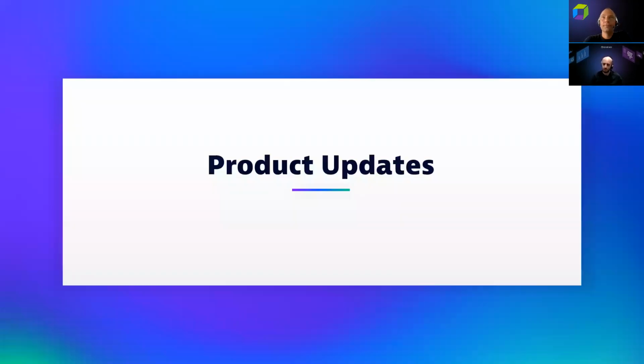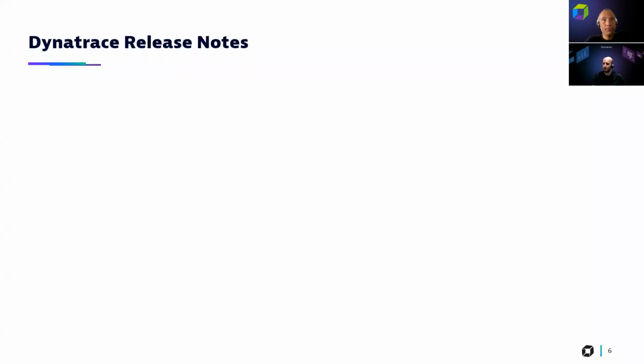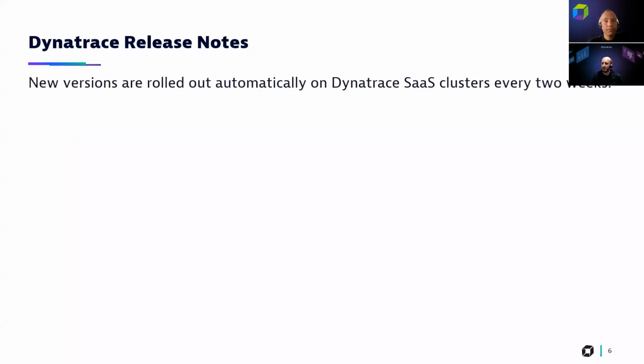And of course, in this clinic, we are going to focus on the product updates, what we have in Dynatrace for the latest 2 versions. As you know, we roll out our SaaS clusters every 2 weeks. And in this month's series, we are going to focus on versions 269 and 270.